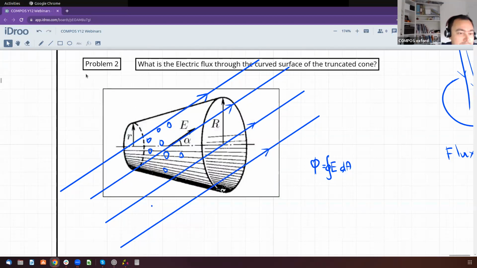So is there a way out of it? Well, there is, in fact: Gauss's law.